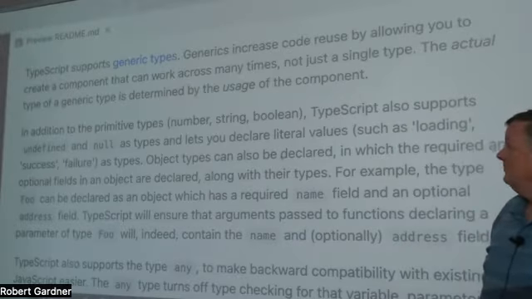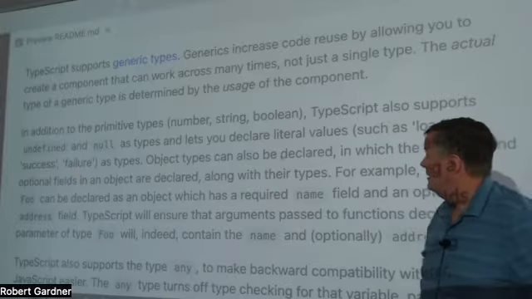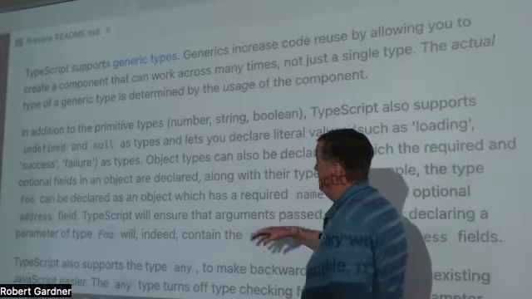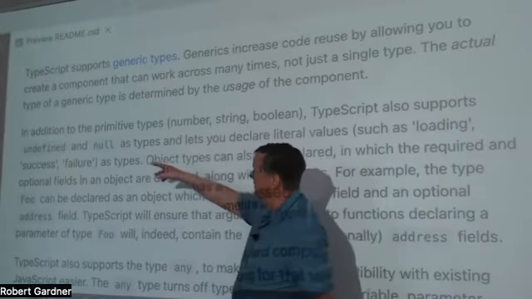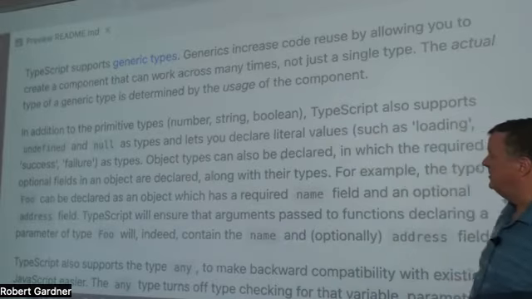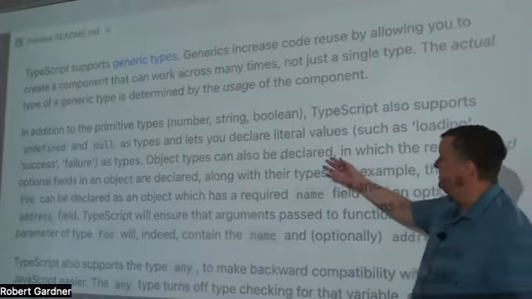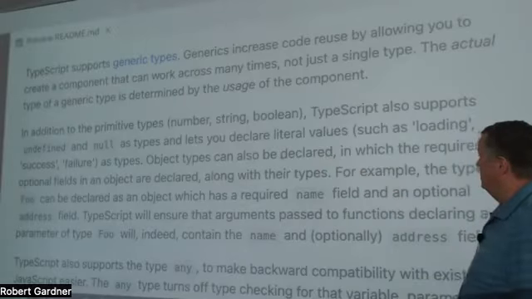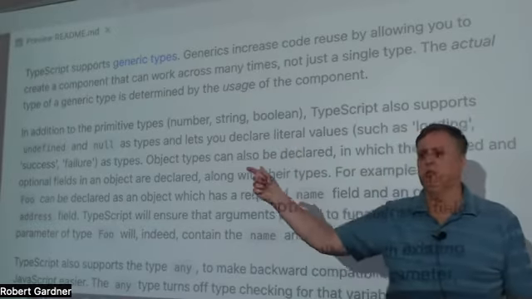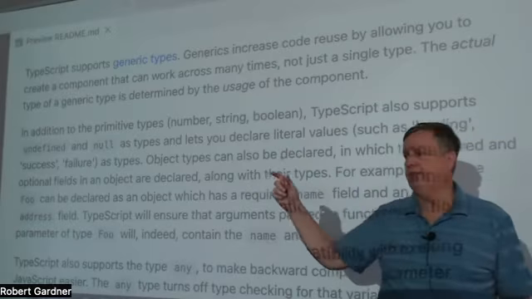All right. So I mentioned before, you've got the primitive types: number, string, boolean, and then undefined and null are types. And then we've got the literal values of types. You can also declare object types. And then in your object types, you can say this field must be present, or you can say this field is optional.